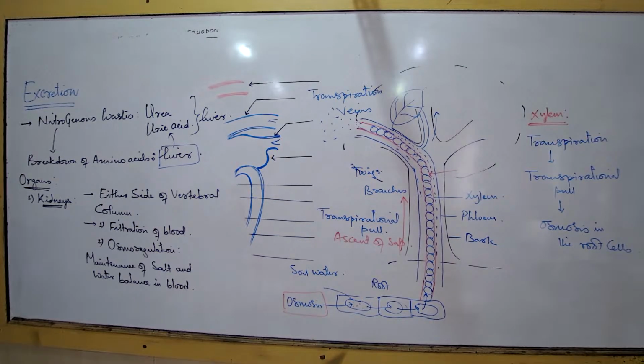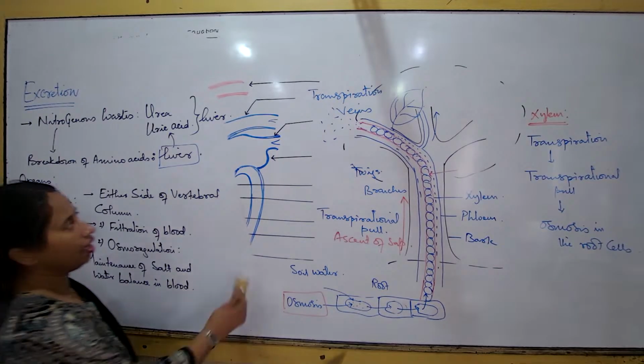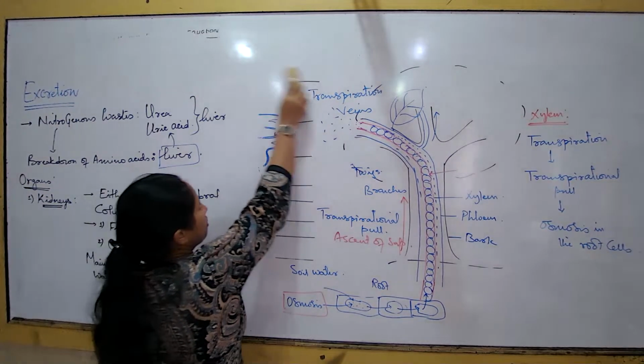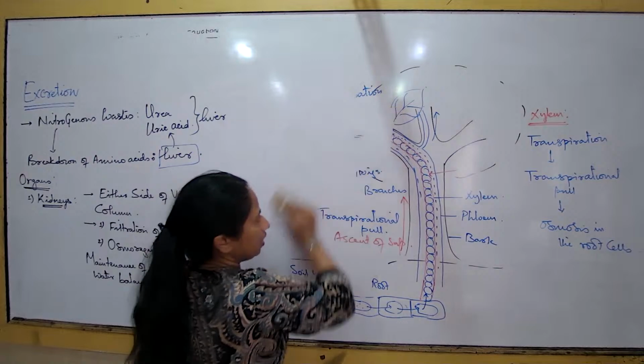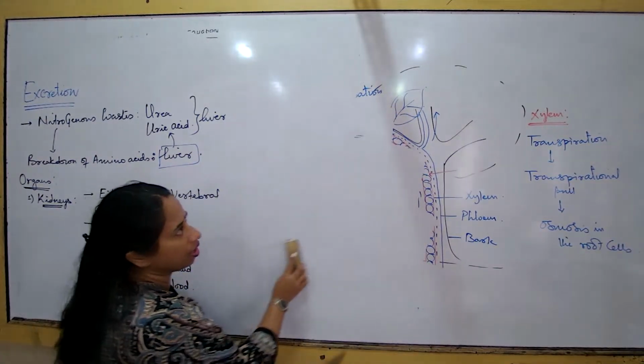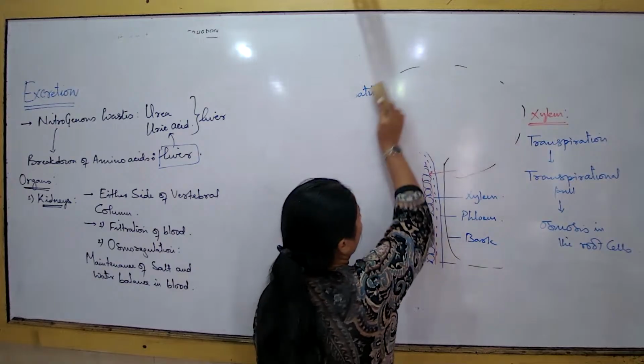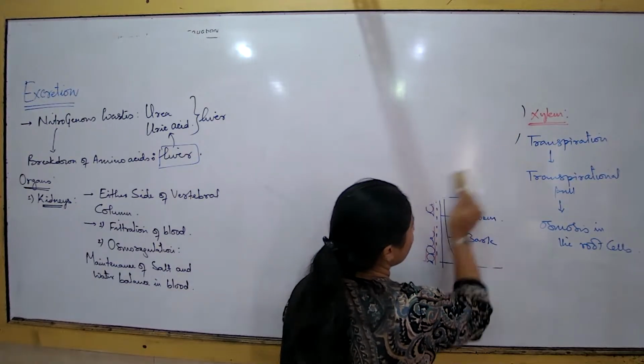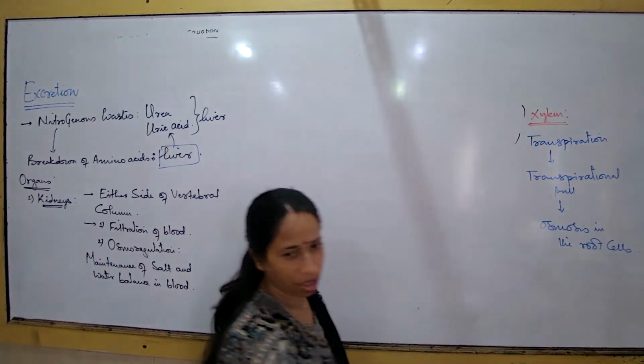But apart from the kidney, is there any other organ of our body which also plays some role so far as the concept of excretion is concerned? Yes, there are quite a number of them, and these are known as extra or accessory, additional excretory organs.